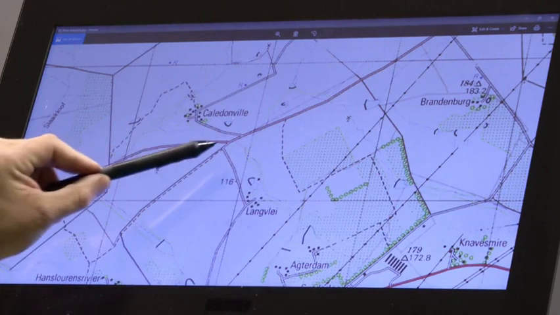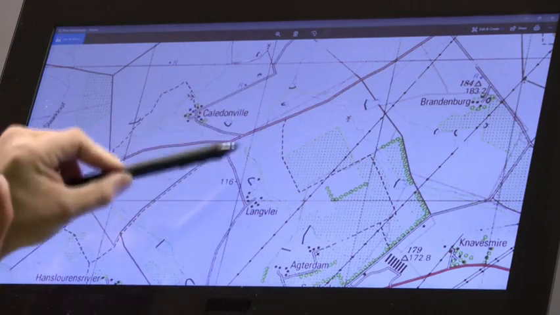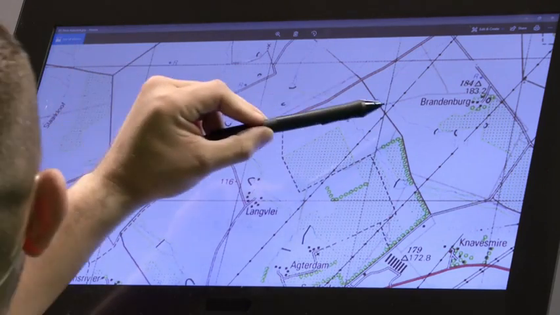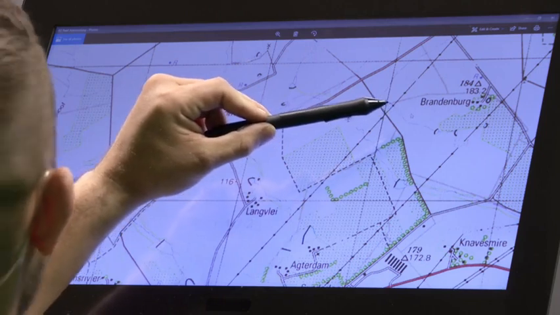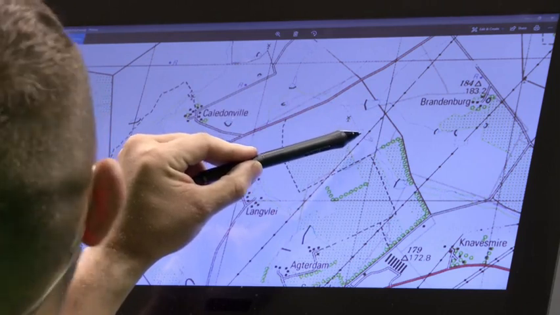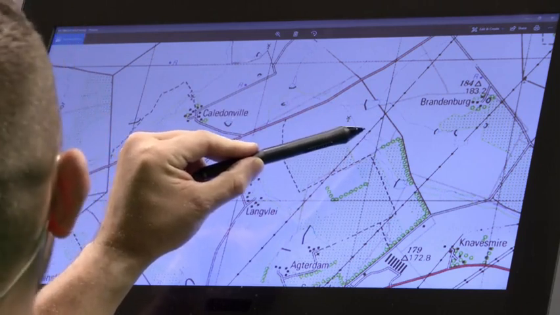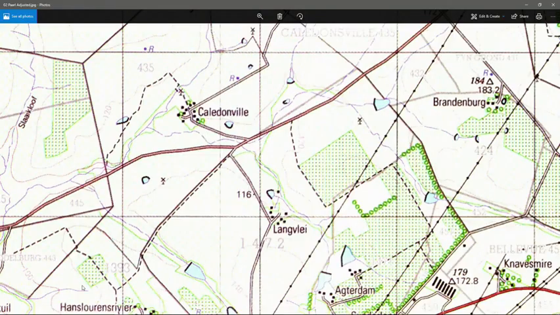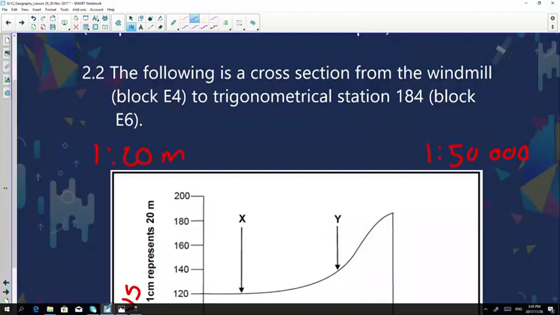Now they ask us at point X, identify what we see over there. What do we see over there at Y? Now as you can see, there's a power line situated where Y is, and definitely we can see cultivated land where X is. So let's just quickly fill in our answers over here.